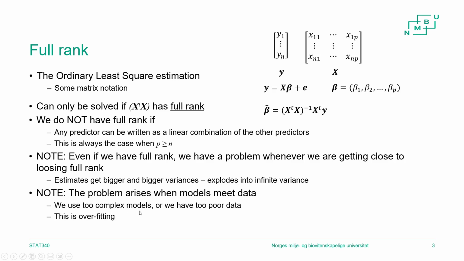If you use a too complex model compared to the size of the data set you have, or you can say you have too poor data compared to the complexity of the model you require, this is overfitting. And when p is bigger than n, you have a super overfitting in a sense, because then you have such a complex model that you cannot even solve this uniquely anymore.